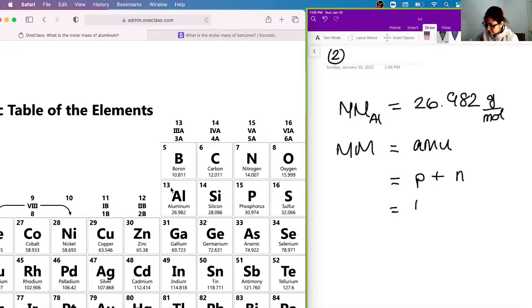In most cases, with a common isotope, the number of neutrons is around 13 as well, so you would have roughly 26 AMU, which is the same thing as your molar mass.